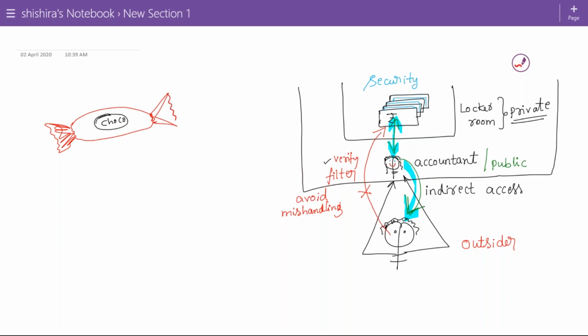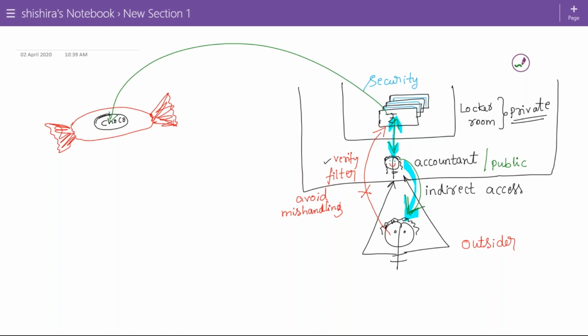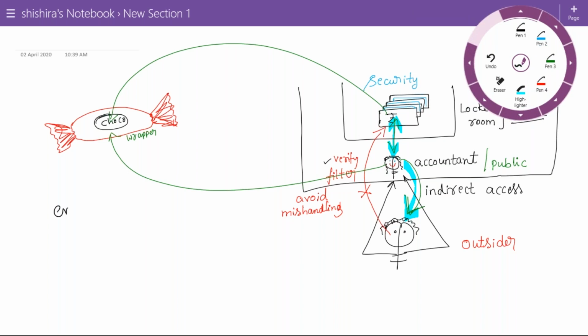So observe now, treat this money like this chocolate and treat this wrapper. Observe, this is secured. Similarly, this accountant is like this wrapper, right? So this is the whole story behind encapsulation.